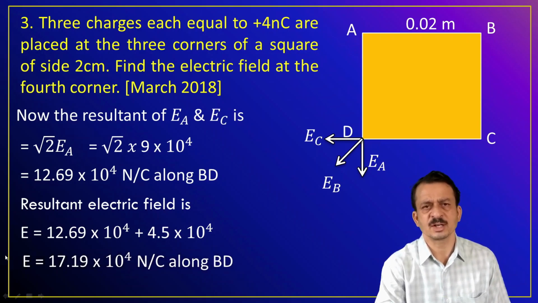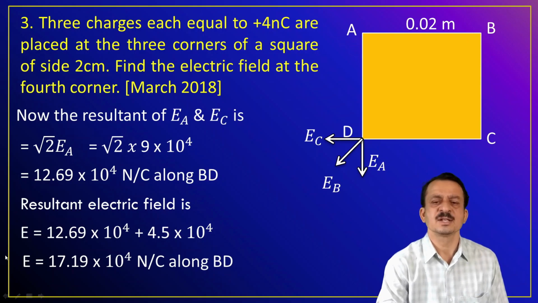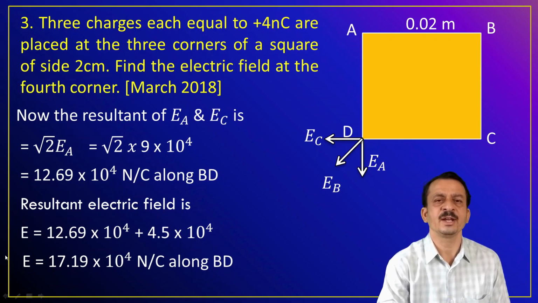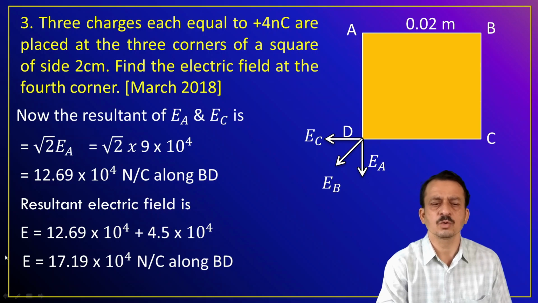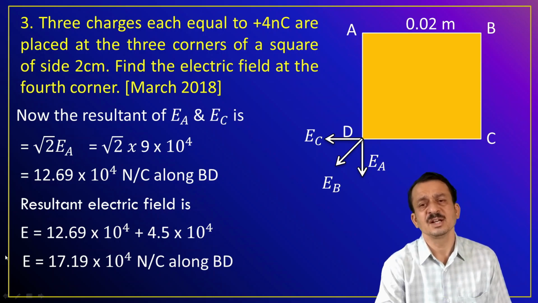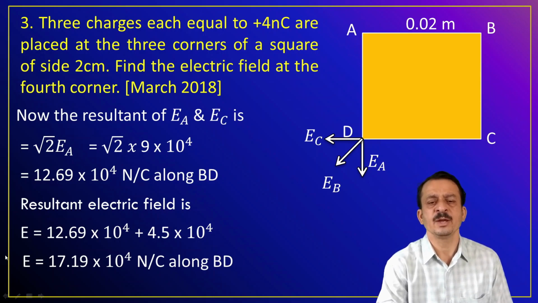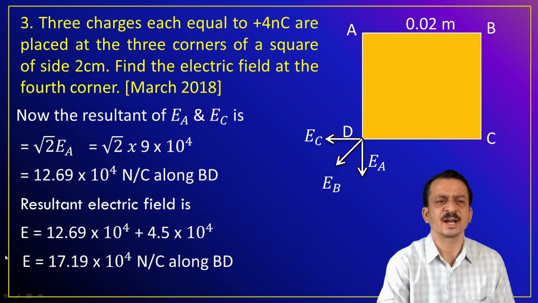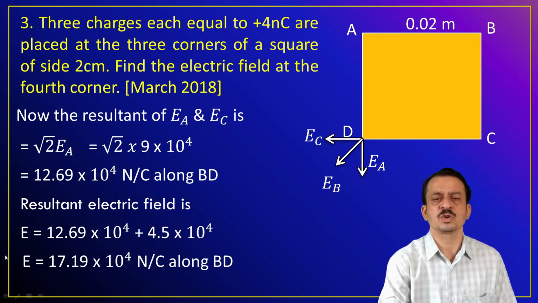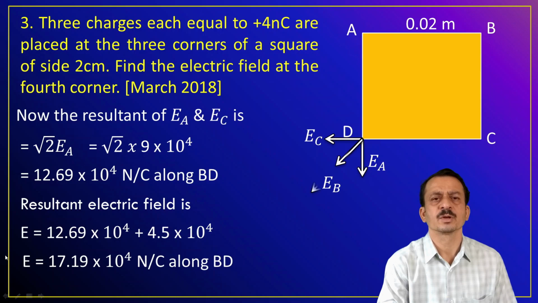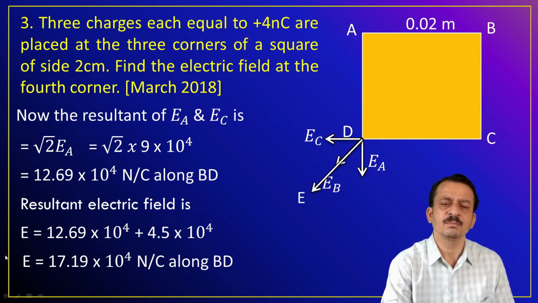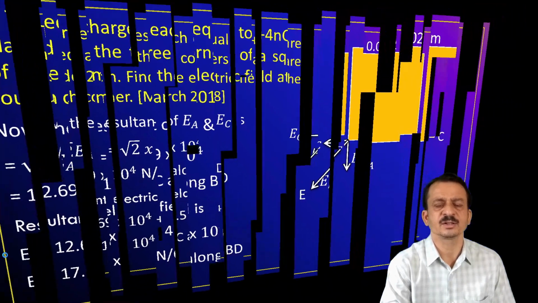If you add them, you will get 17.19 into 10 to the power of 4 Newton per Coulomb. What is the direction? Its direction is along BD, along the diagonal. Like this, we are going to solve the problem. Now the direction is as shown in the diagram. Now look at the diagram. We have the resultant field.